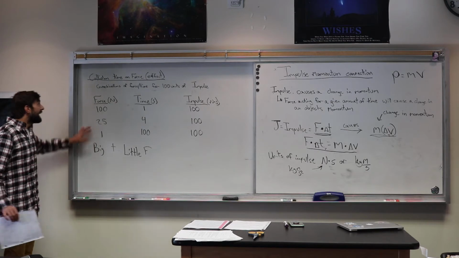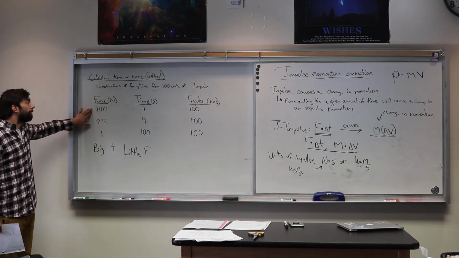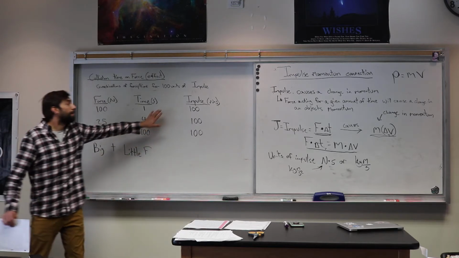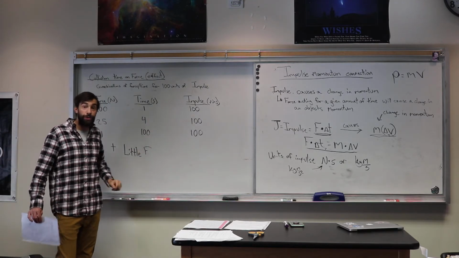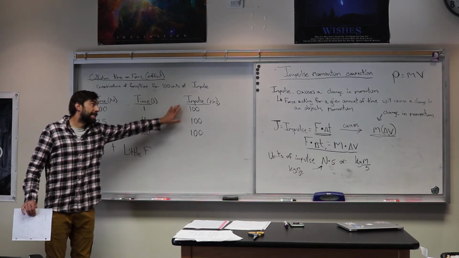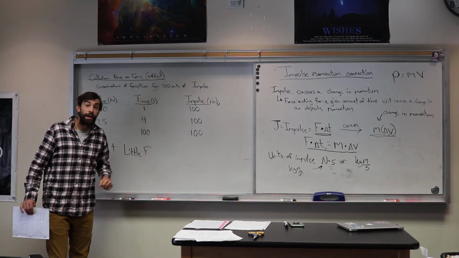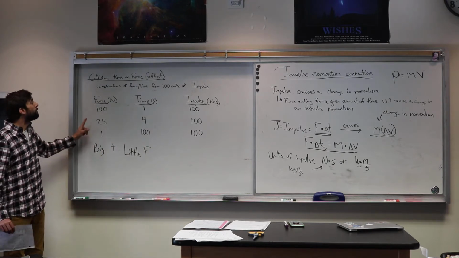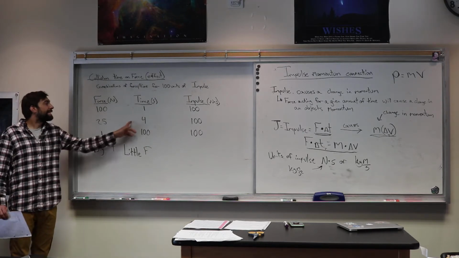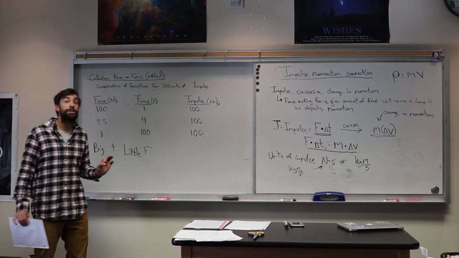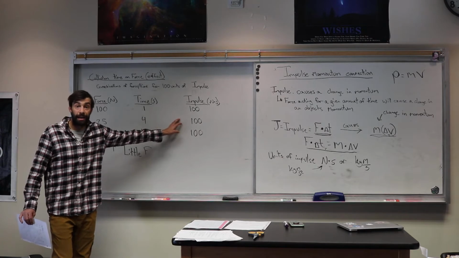And so, if I have 100 newtons of force applied for 1 second, I have an impulse of 100 newton seconds. And these are all different force-time combinations that multiply to 100 newton seconds. If I have 25 newtons of force, it takes 4 seconds of that force being applied to get an impulse of 100 newton seconds.